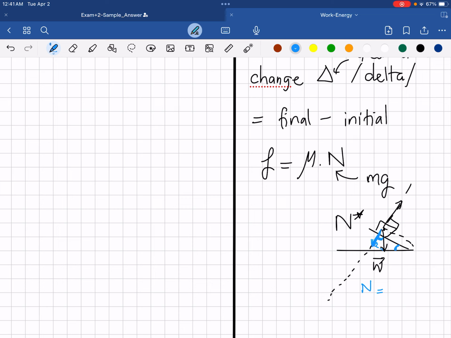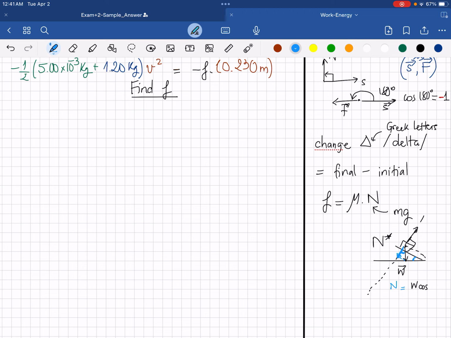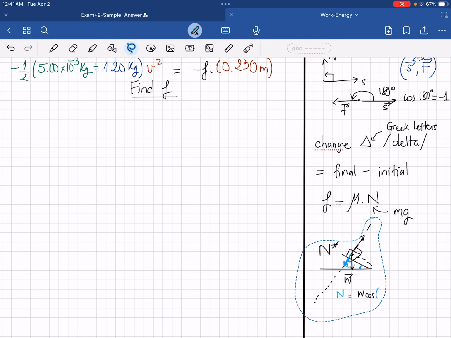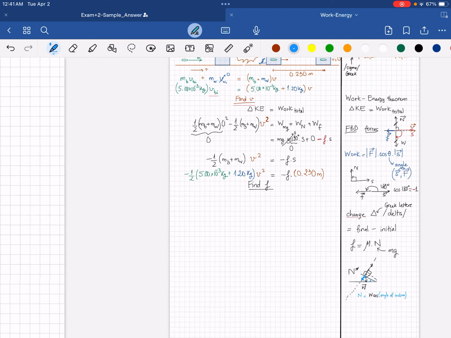So you always have the very general equation that the normal force equals the weight times the cosine of the angle of the incline. Okay, but this is not our case.